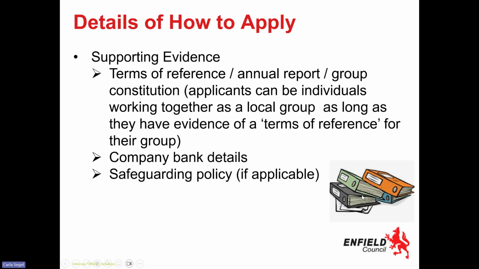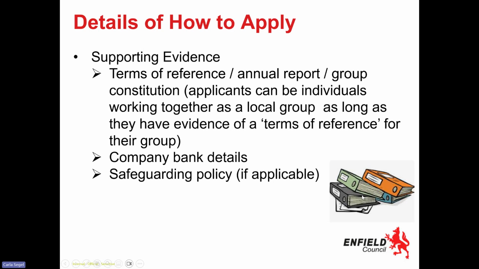It's something that shows the organisation that is applying for this money exists and has something tangible, like I said, a terms of reference or a constitution that explains what they are, who they are, and what they do. Now, applicants can be individuals working together. You don't have to be a big organisation or a big school. You can be a local group, a community group, a neighbourhood watch group, as long as you have some form of document that states what you are.